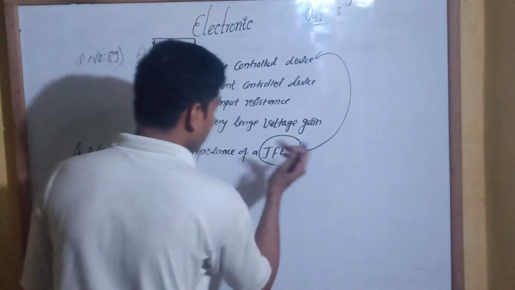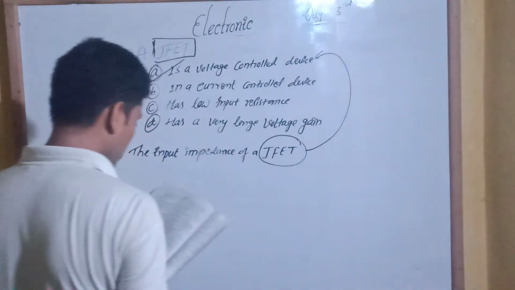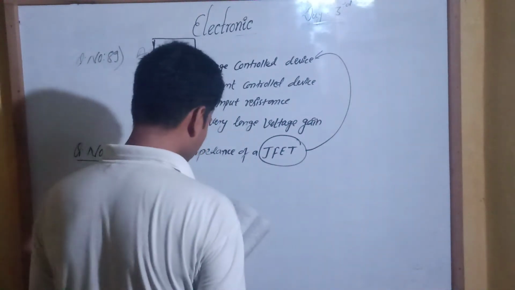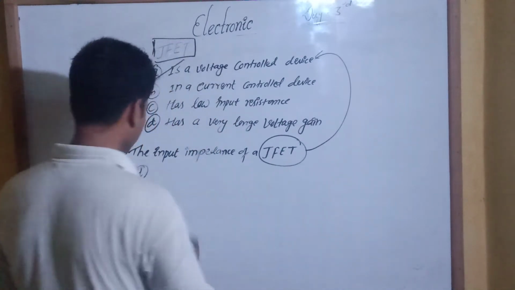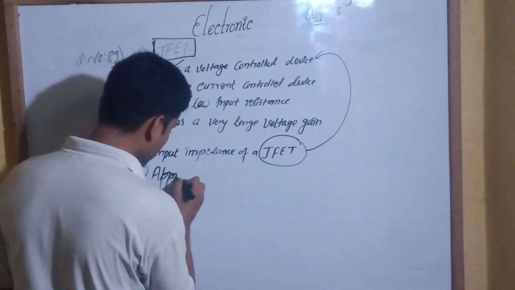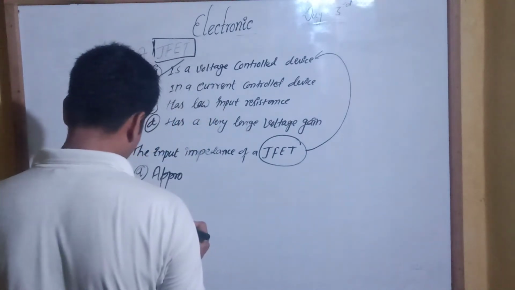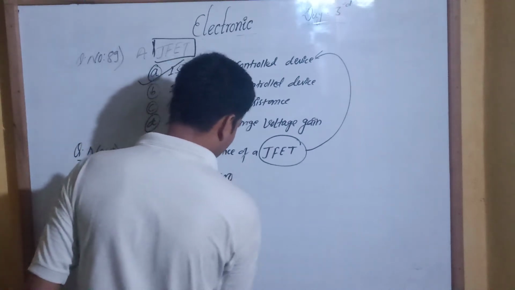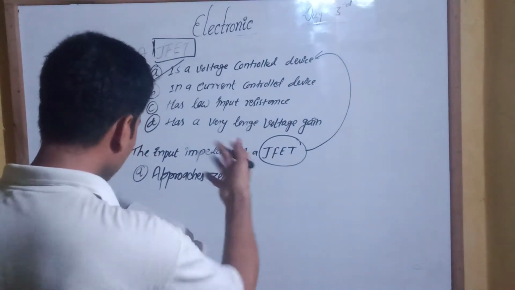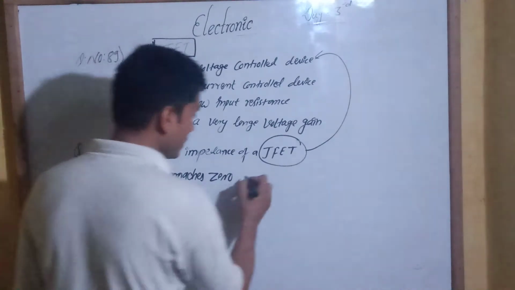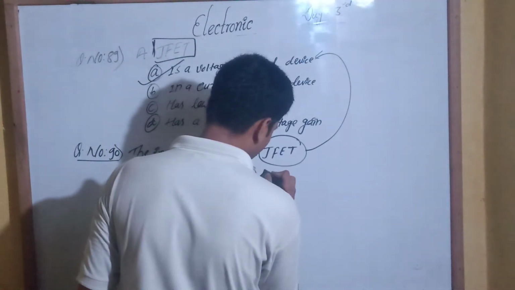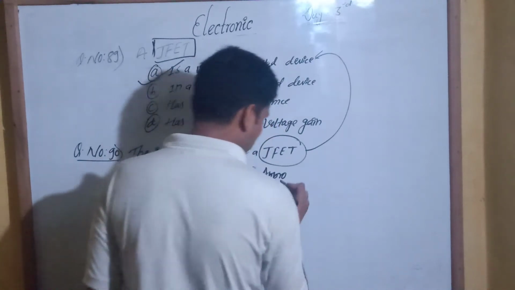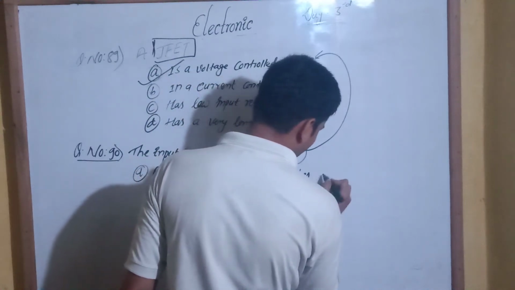The input impedance of a JFET. Option A: approaches 0. Option B: approaches 1.